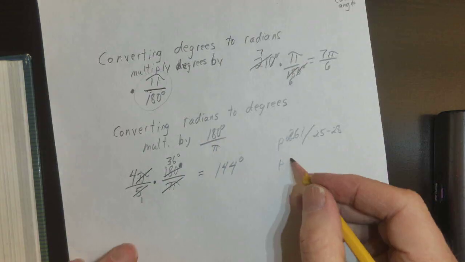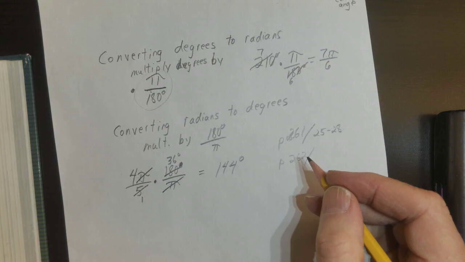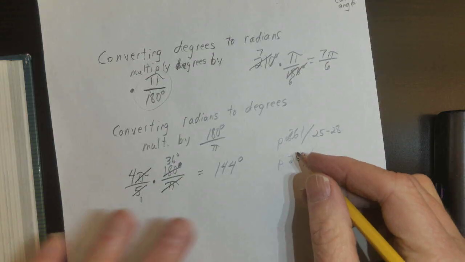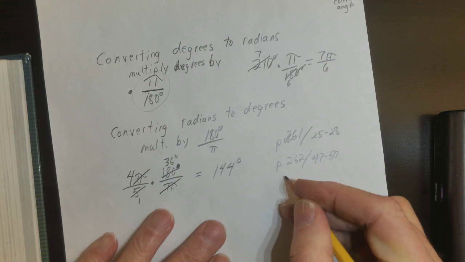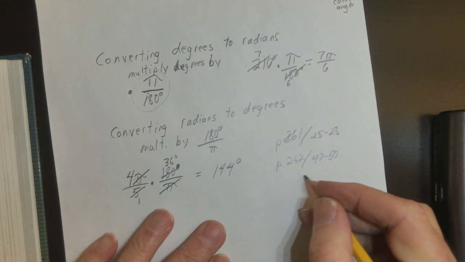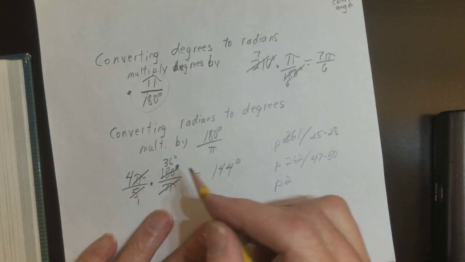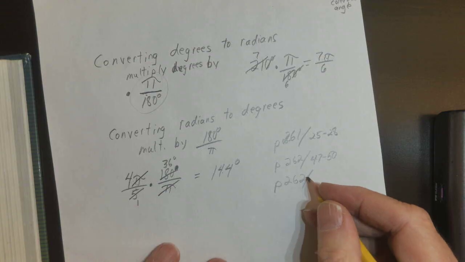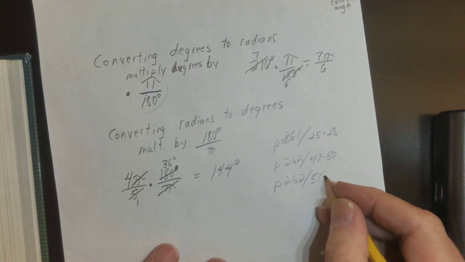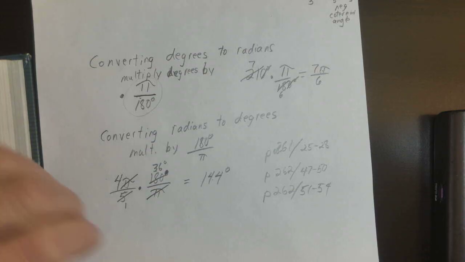For the degrees to radians, that's page 262, 47 through 50. And for the radians to degrees, that's page 262, 51 through 54. And that's pretty much how we spent class, just doing those problems.